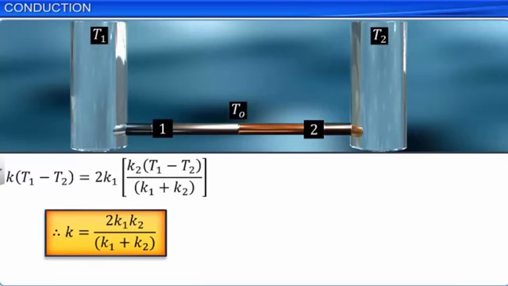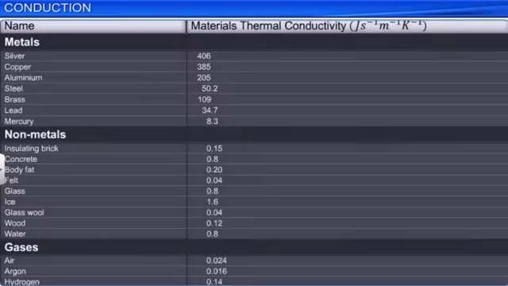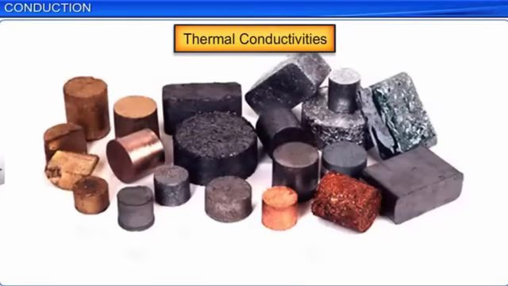The table shows the thermal conductivities of some materials. Metals have very high thermal conductivities and hence conduct heat rapidly. Materials like wood, bakelite and wool are bad conductors.